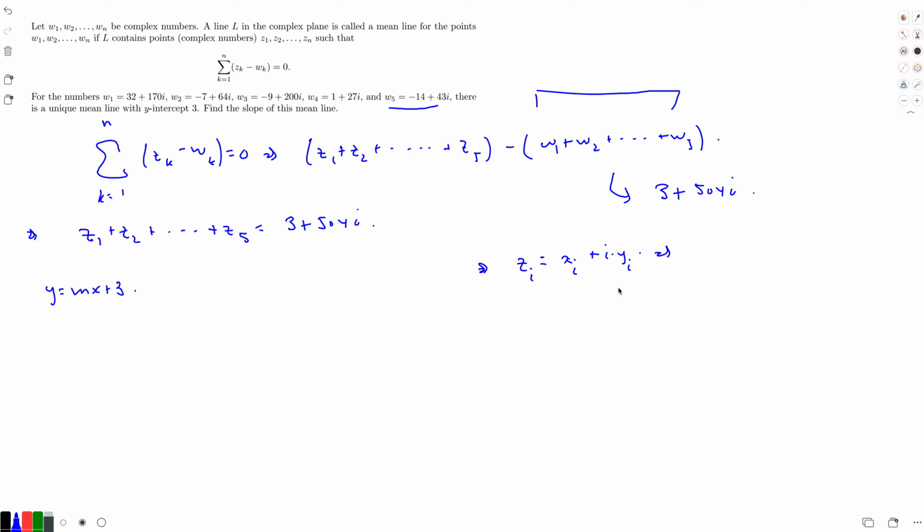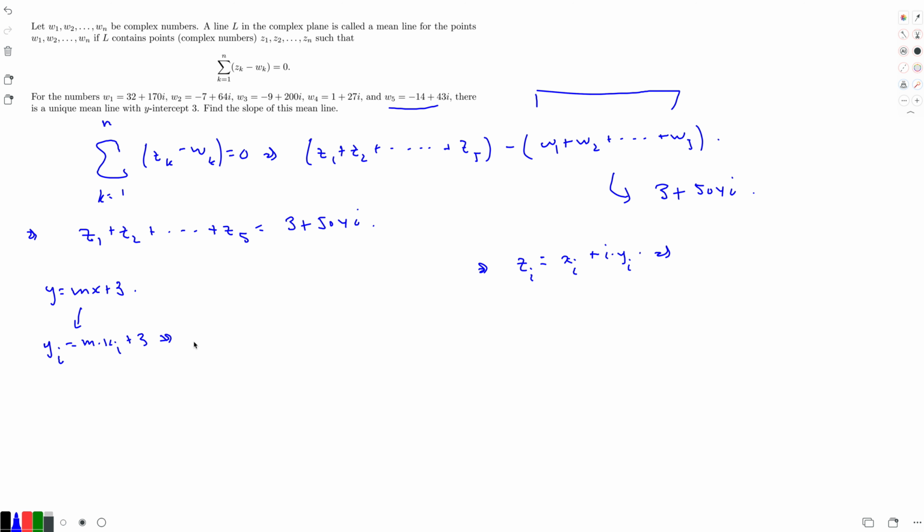Actually, that isn't the best choice of notation because we have a subscript of i and an i in the complex numbers, but I guess this will do. Any z that satisfies this mean line will have the form yi is equal to m times xi plus 3, right? Okay, this is good.